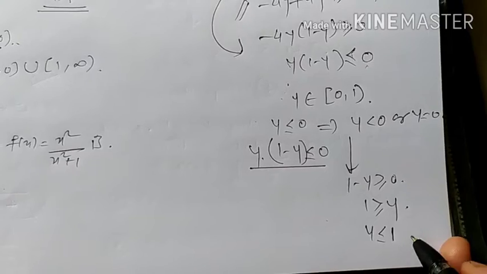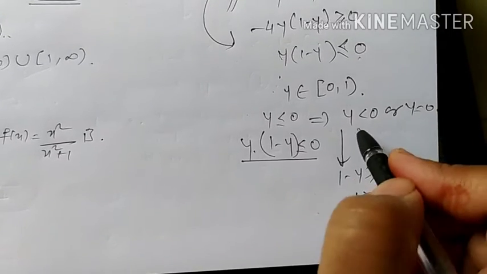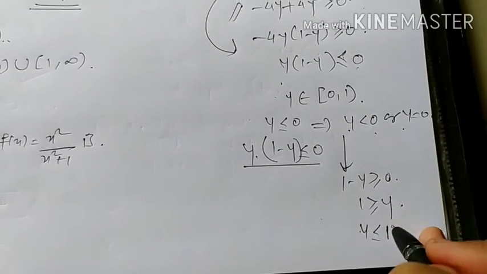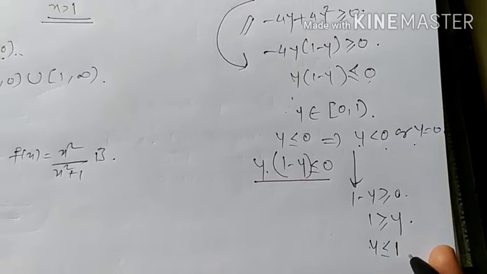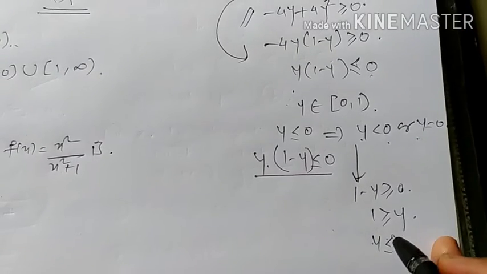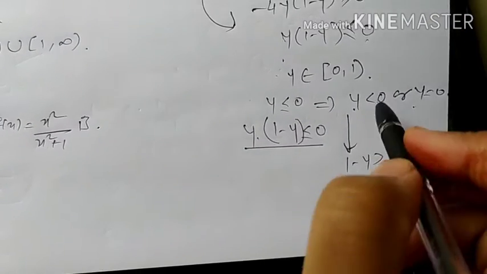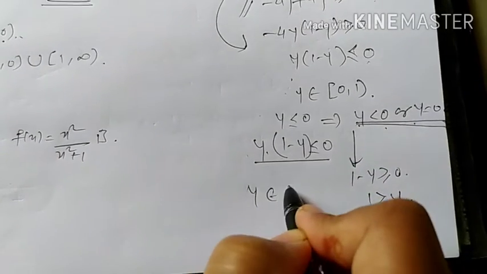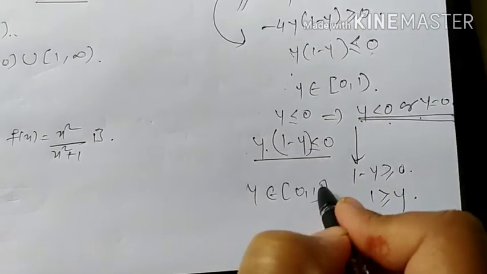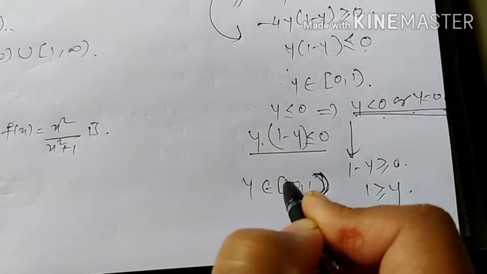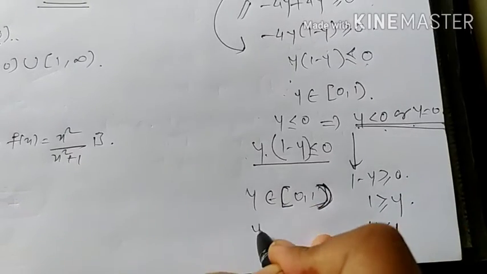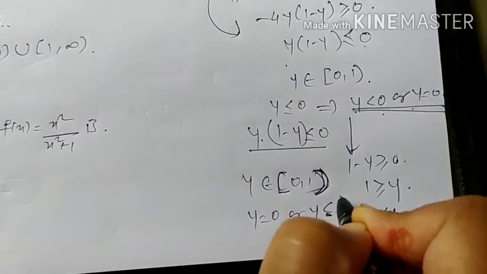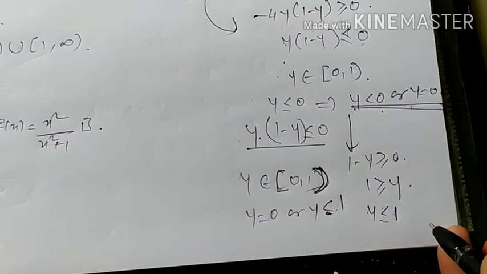So y is less than 0, or y equal to 0, or y is less equal to 1. Getting student? If we combine this, we have y belongs to close bracket 0 to 1, open bracket. So either y equal to 0 or y is strictly less than 1. Getting student?